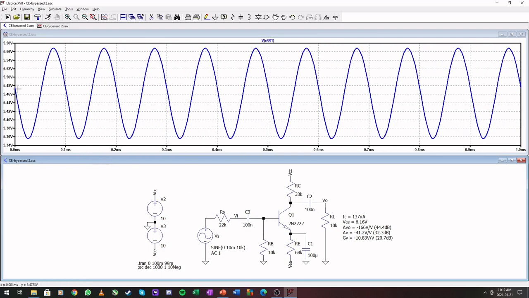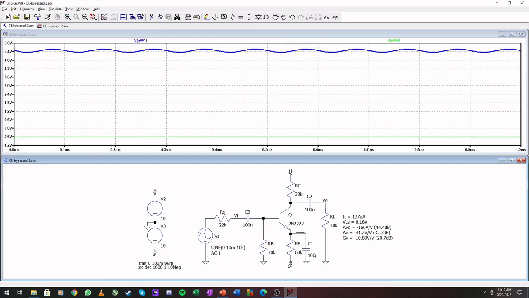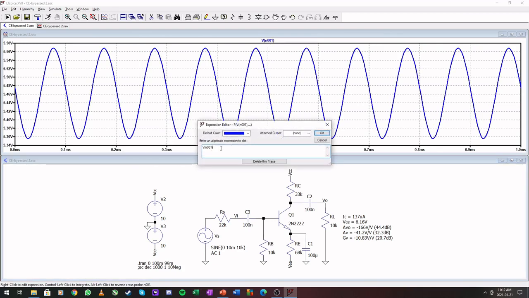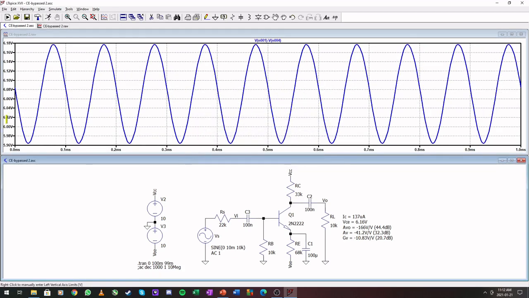And here we have 5 point, and this is node 4 again. Okay, so we can just go and say this minus that, and we are at roughly 6.1, like we calculated.